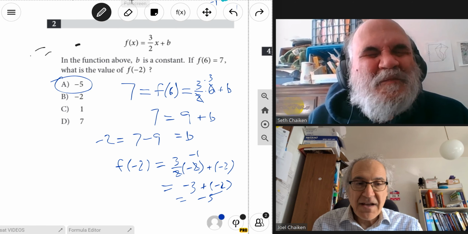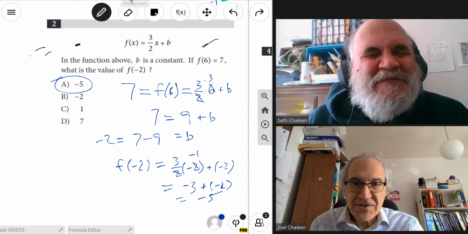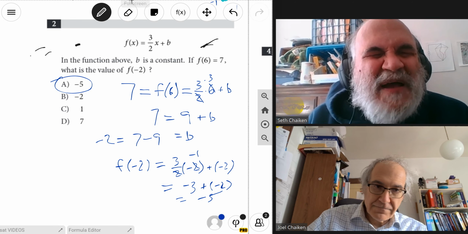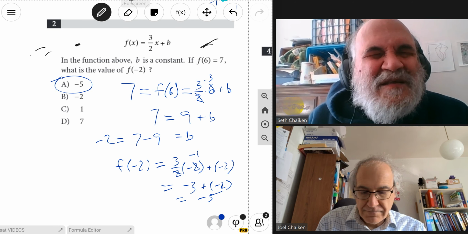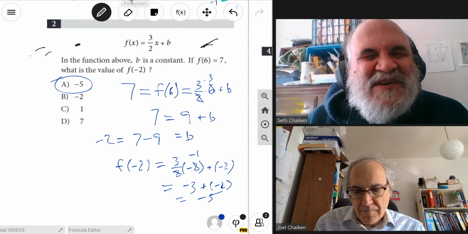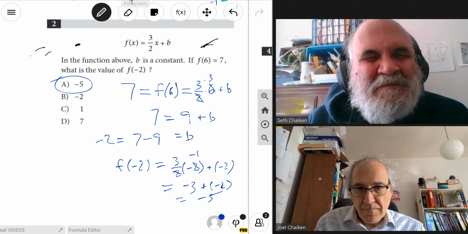You might see at the onset that the key step in the problem is to solve for b using the information that f of 6 equals 7.